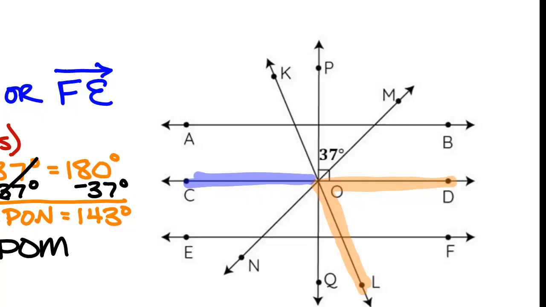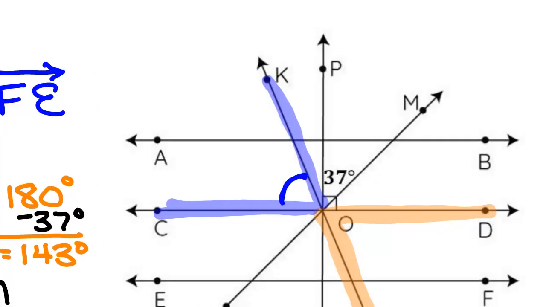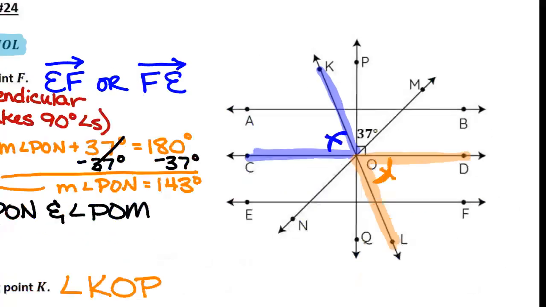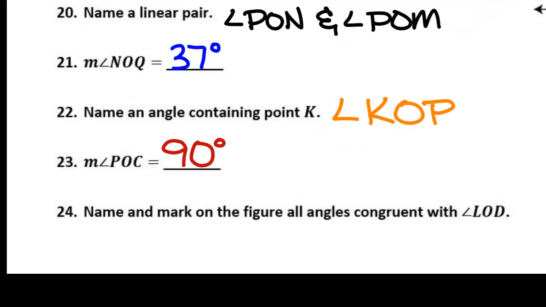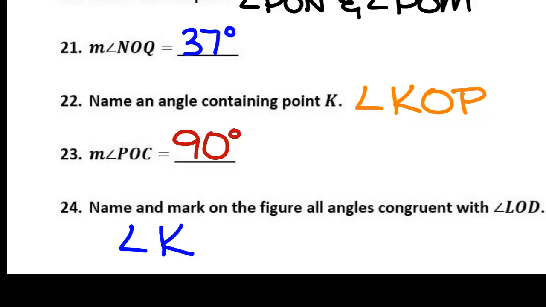Instead of going towards L, from O out to L, I'm going to go backwards towards K. That angle right there is the vertical angle to LOD. And we know that vertical angles are congruent. So this angle would be the same size as this angle. What is the angle that we have marked in blue? KOC. Angle KOC, or COK, that would be fine.